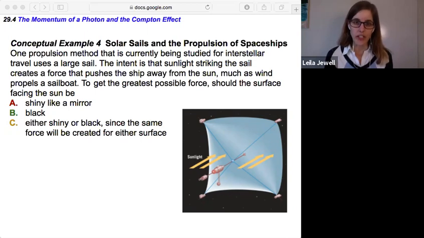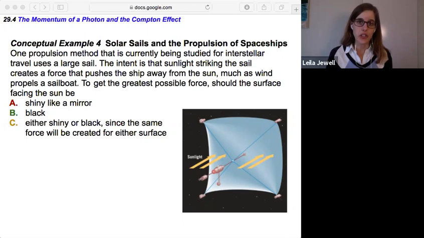If it's shiny, then the sunlight is going to reflect off of the sail. If it's black, then the sunlight will be totally absorbed into the black surface. So we have to figure out which one is better, or if there is any difference in propelling the sail forward.